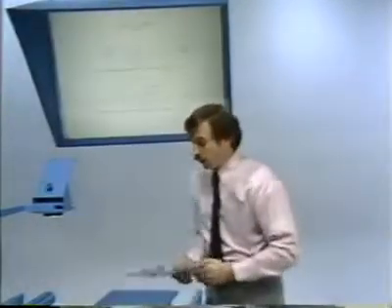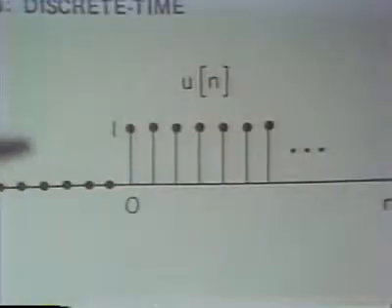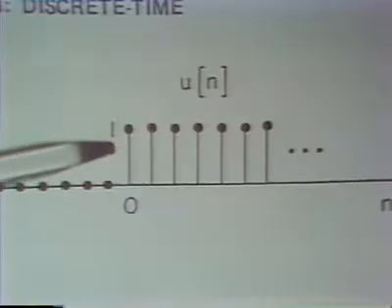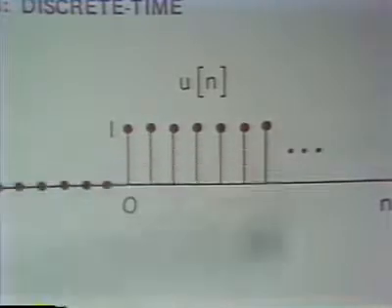We can also develop another relationship by observing, in essence, that if we look at the unit step sequence, as I've returned to here, we can, in effect, think of the unit step sequence as a succession of unit impulses, one following another.